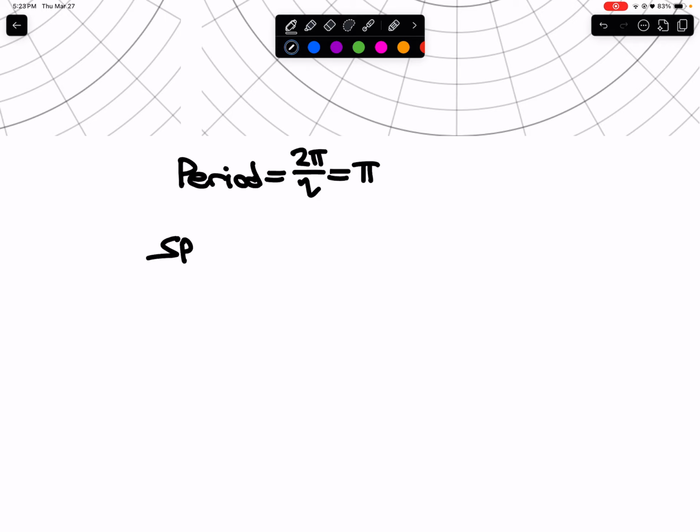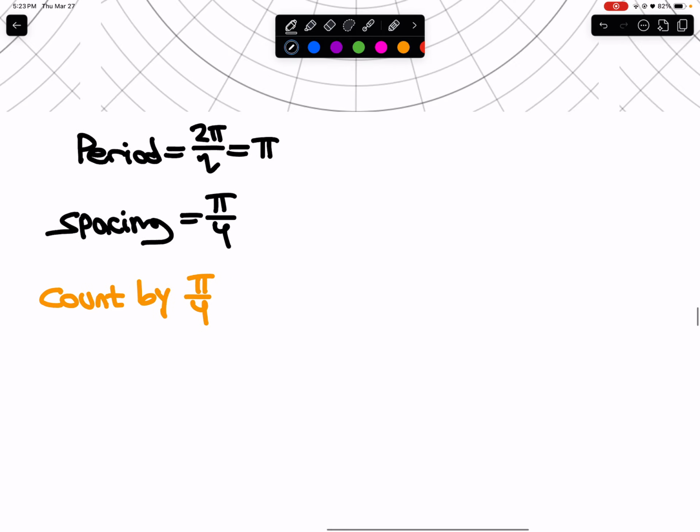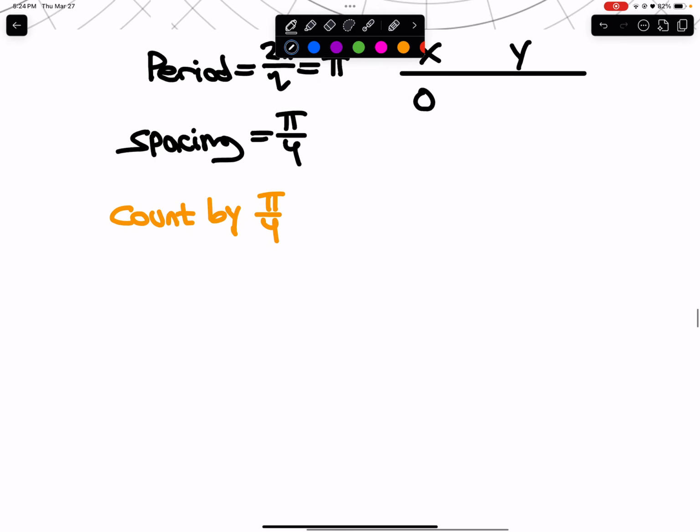And then for the spacing, I'm going to divide it by 4, which means I'm going to count on my table by pi over 4. So once again, I'm going to make my xy table. I'm going to count my x values by pi over 4.